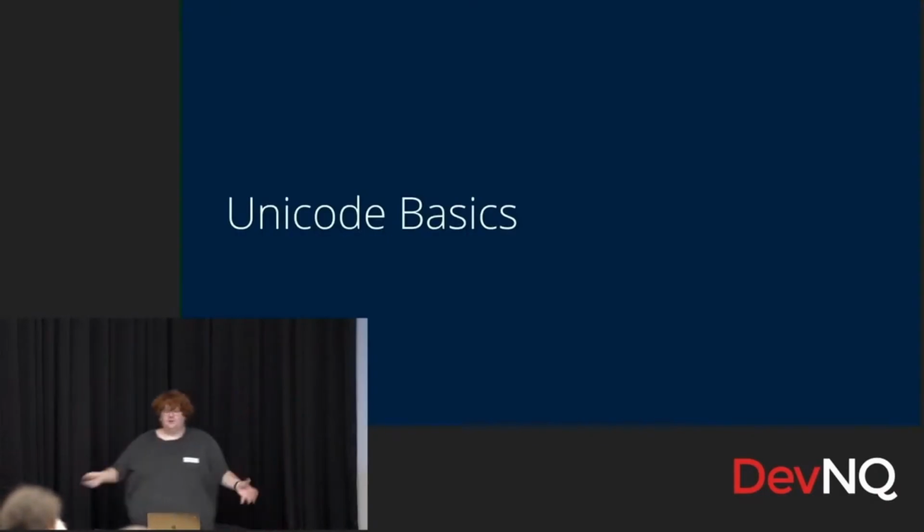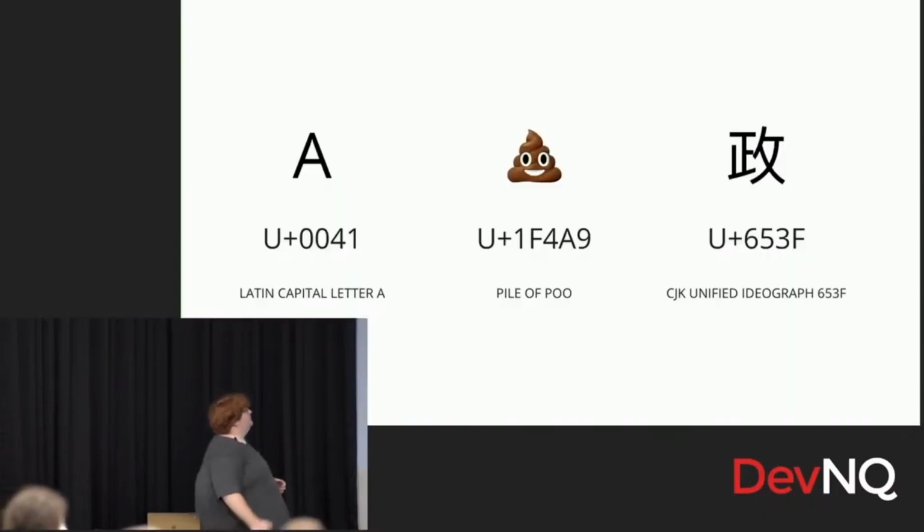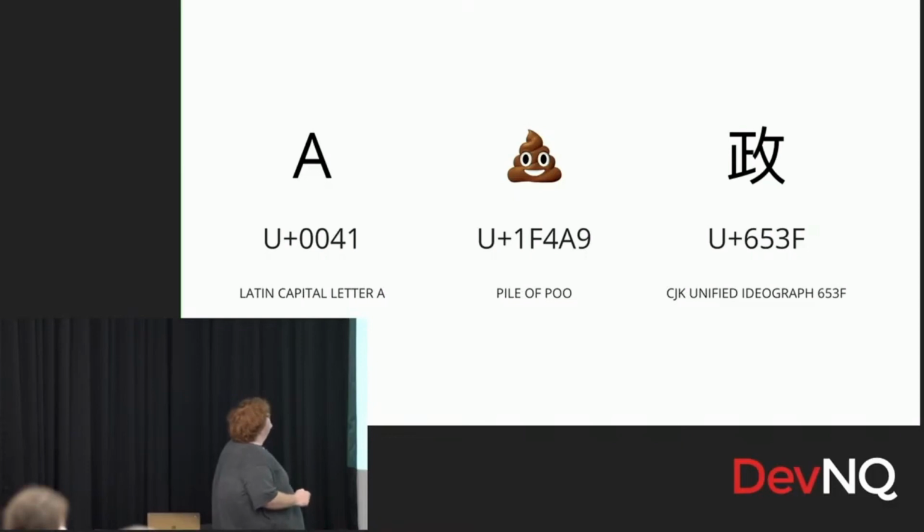We're going to have a quick look at the basics of Unicode so you get a bit of an understanding of what Unicode involves. These are individual characters. The Latin character A, the pile of poo emoji, or the helpfully named CJK Unified Ideograph 653F.